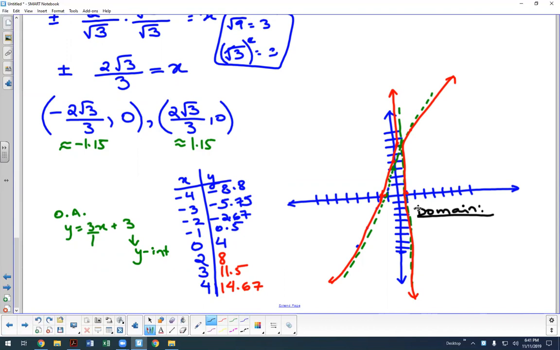So our domain will be, well, if it's not 1, then what is it going to be? Negative infinity to 1 in parentheses, and then 1 to infinity also in parentheses. Yeah, so except 1, you can use all values.